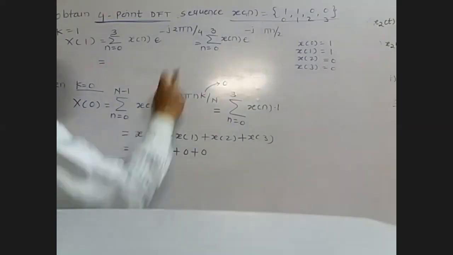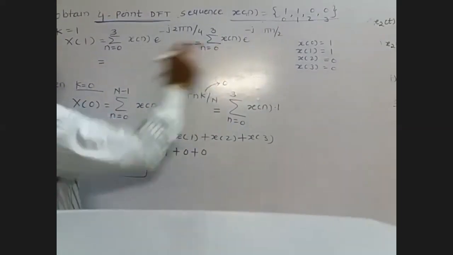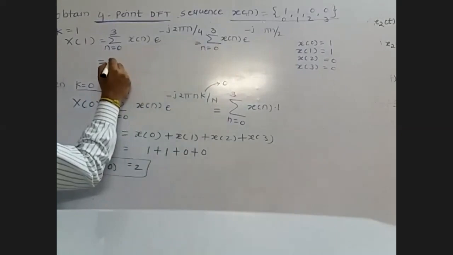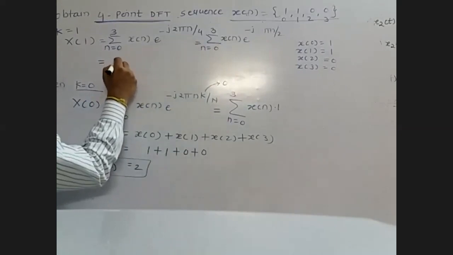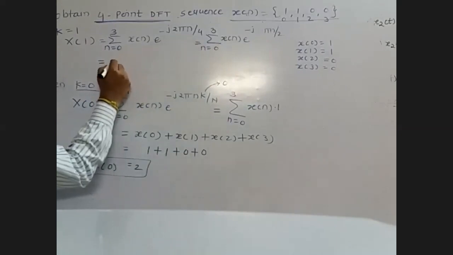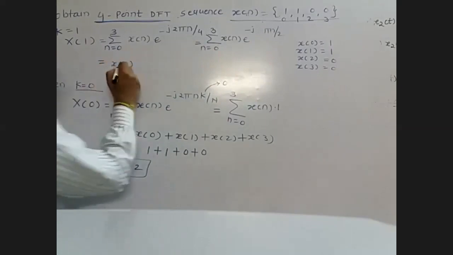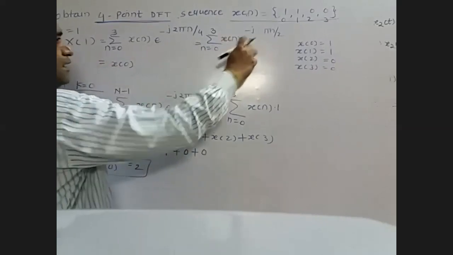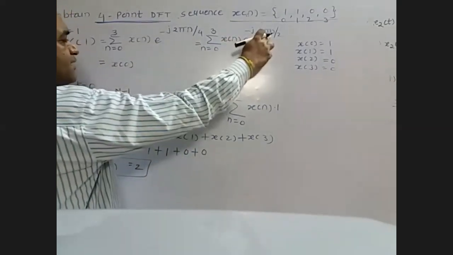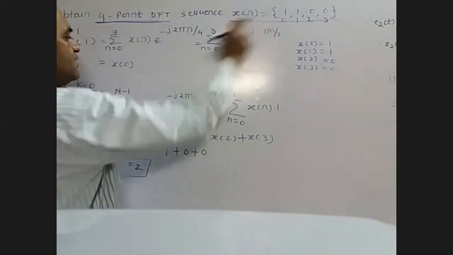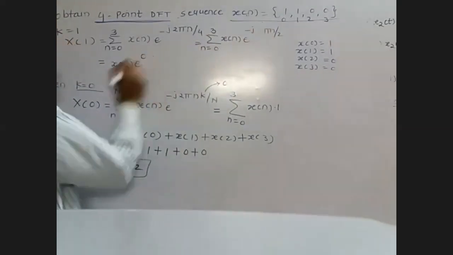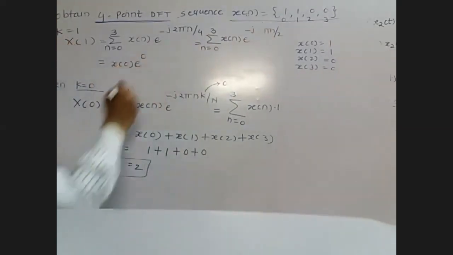Now I am solving this expression. I put n values 0, 1, 2 and 3. For x of 0, n value is also 0, so the whole term becomes 0.